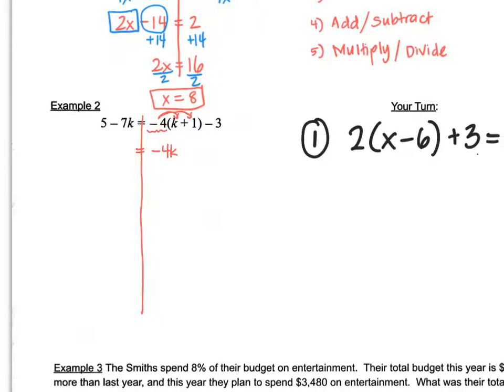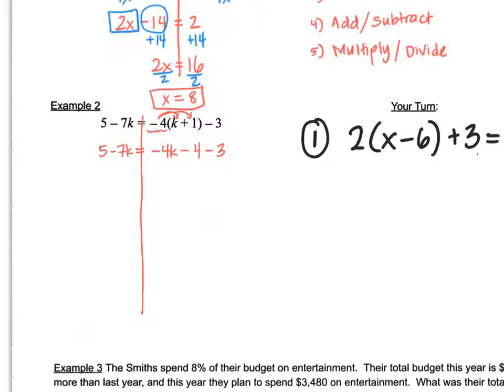And then, again, this is the part I mentioned was tricky. This is -4, and this is like saying +1, because there's a plus there. -4 times +1 would be a -4, like so. And then the -3 is still there after that. I still have the 5 minus 7k right there. I don't do anything with that.